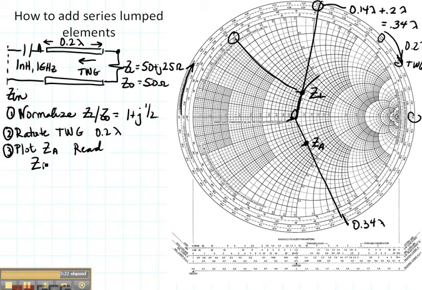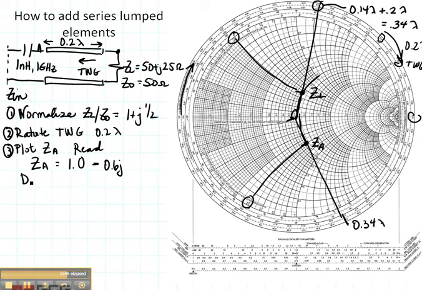So ZA, and this is normalized, has a real part right here, pretty close to 1 still. I'm just going to say it's still about 1. And we're on the bottom, so it's going to be negative. And our imaginary part right here is about 0.6.